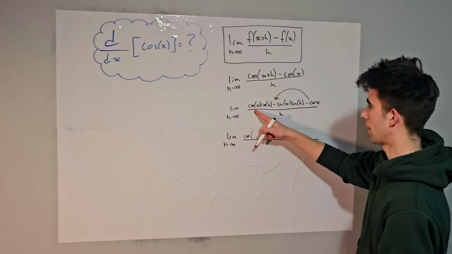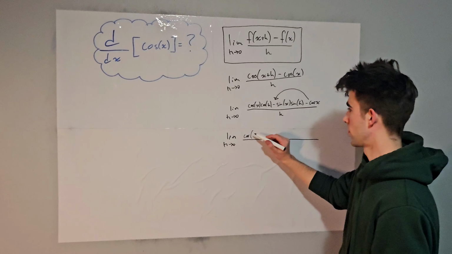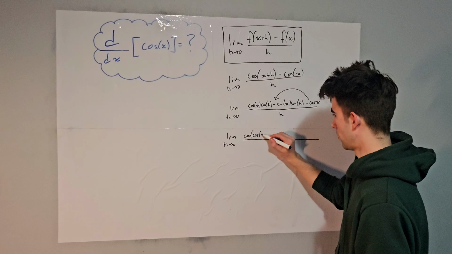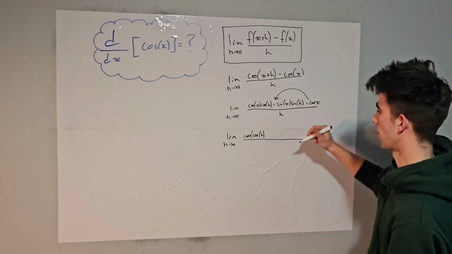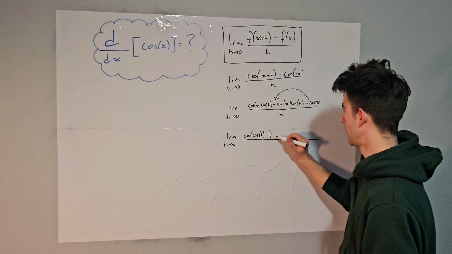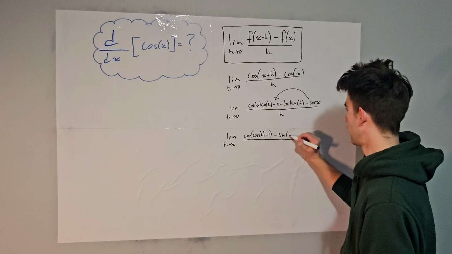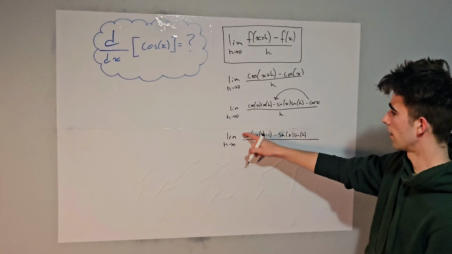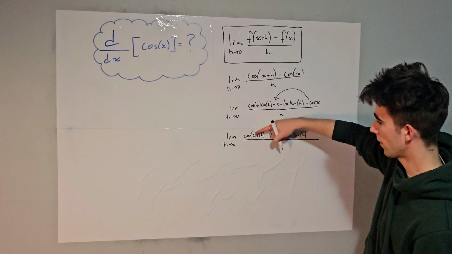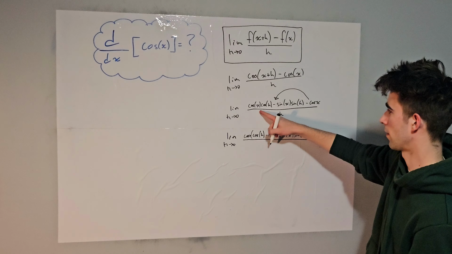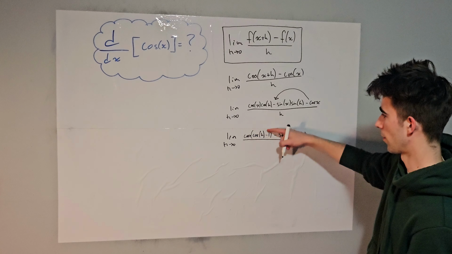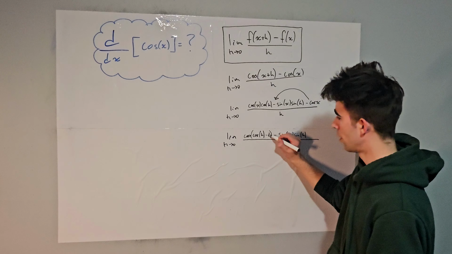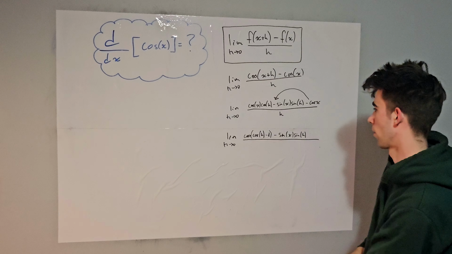When we factor out the cos x from this term, we're just left with cos h, and when we factor out a cos x from this term, it'll just be minus 1. We can double check: if we distribute this cos x here, we get the cos x cos h, and if we distribute it to the negative 1, we get the minus cos x. So we didn't really change anything, just reordered it.